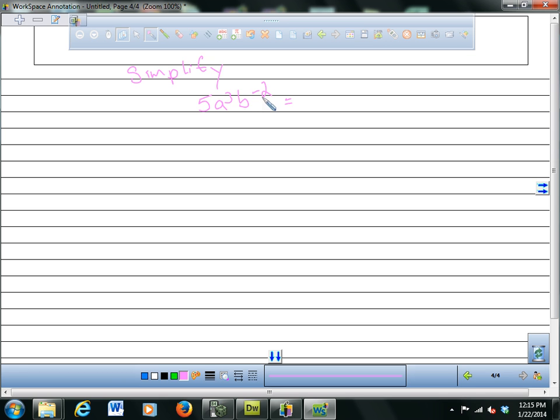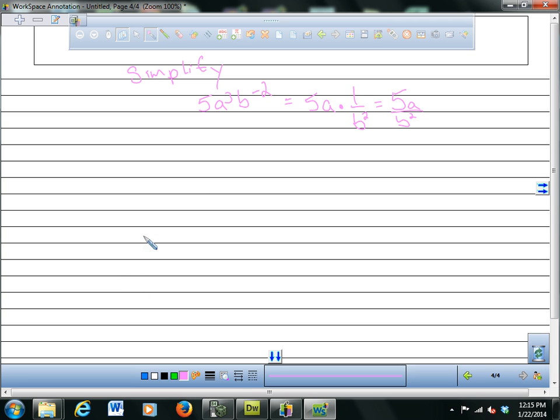Just bring it downstairs, okay? 5a over, this means 5a times 1 over b squared, which is equal to 5a over b squared. So if you see a negative exponent on top, just bring it downstairs and make it positive.